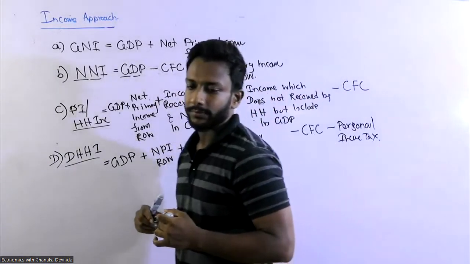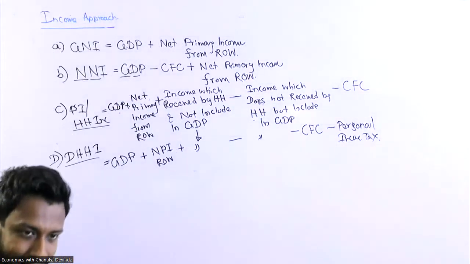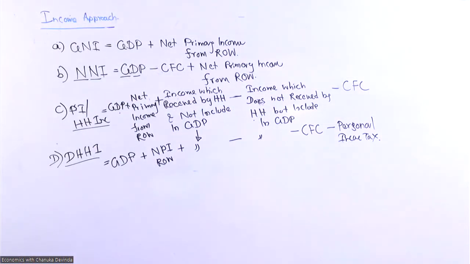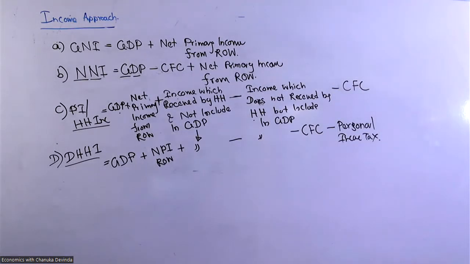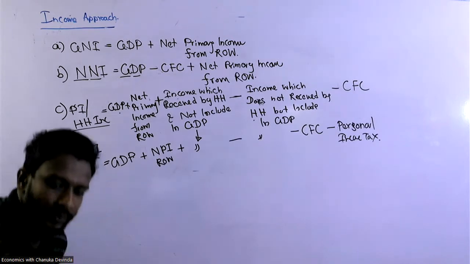Now it's fine. Personal income tax. By deducting personal income tax from the household income, it will be transferred to disposable household income. Right.